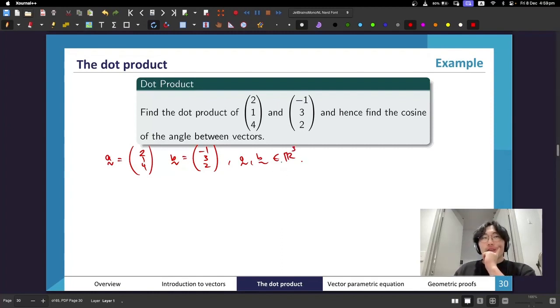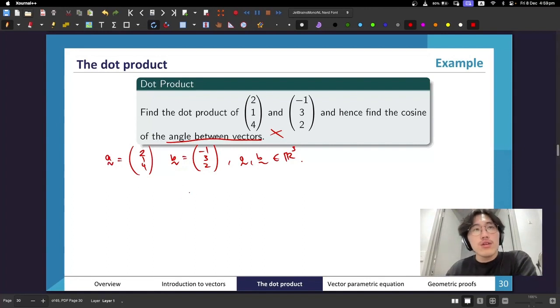And find the cosine of the angle. So always read the question. If you're reading this fast, you might just go, oh, find the angle between the vectors. Wrong. There goes a mark. Don't be silly. Always read the questions thoroughly.